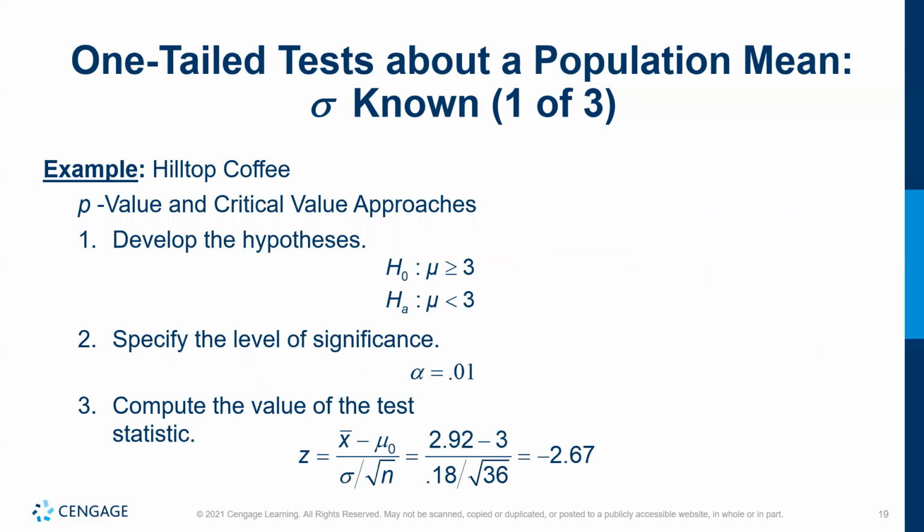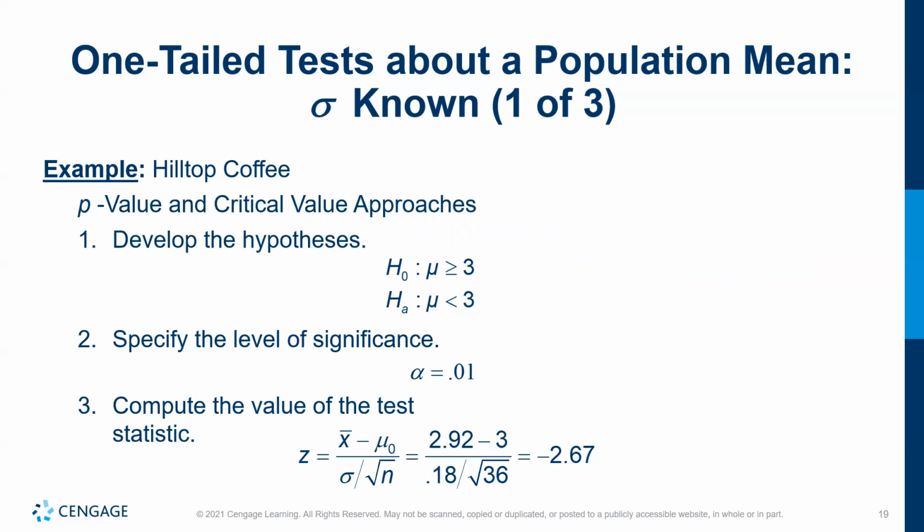So we could use the p-value approach, which would be to develop a hypothesis. The null hypothesis is that the claim is true, that they're greater than or equal to 3 pounds, okay? And the alternative hypothesis is that it's less than 3 pounds. Then we specify a level of significance, which was given to us in the problem and which will be given to you guys in problems.